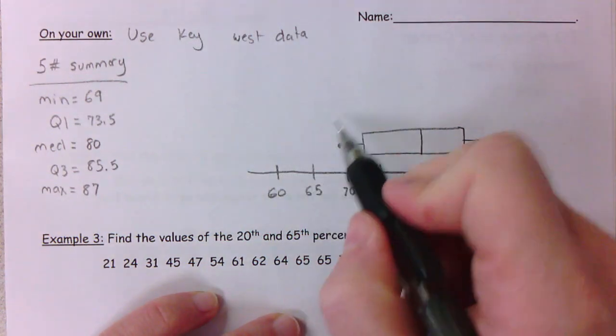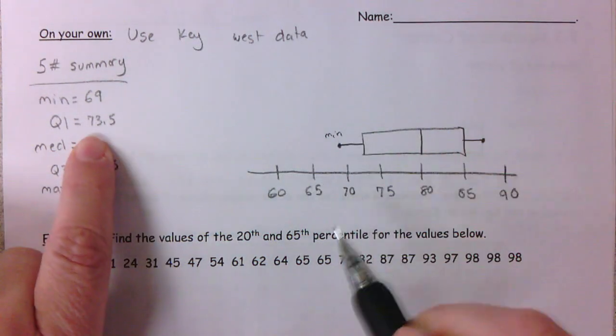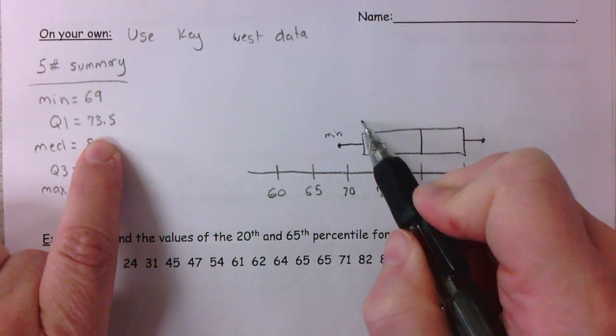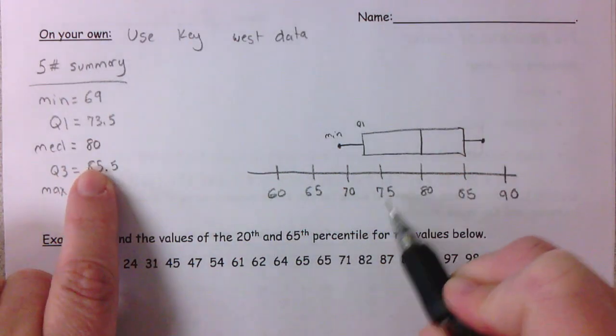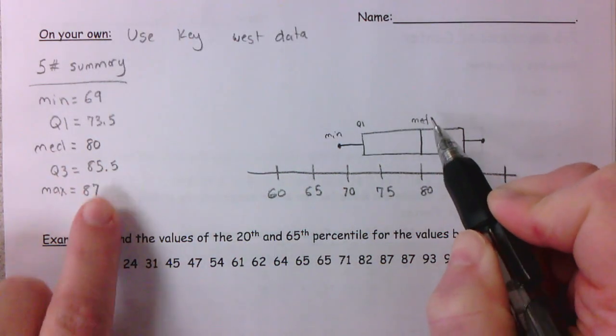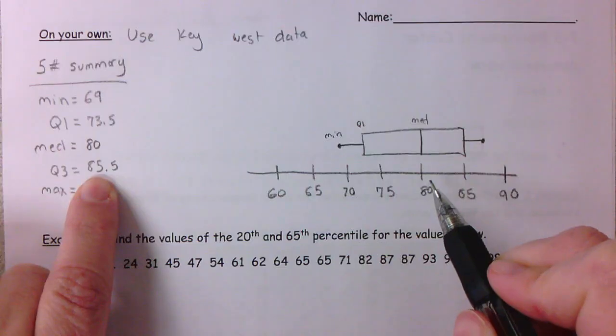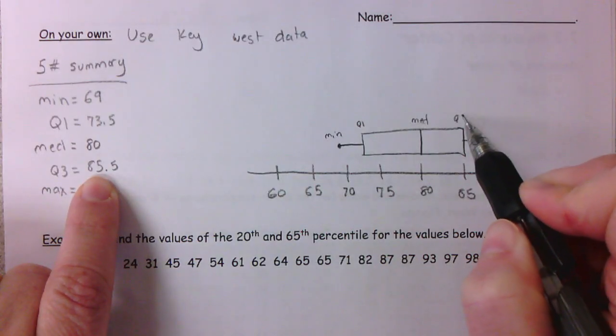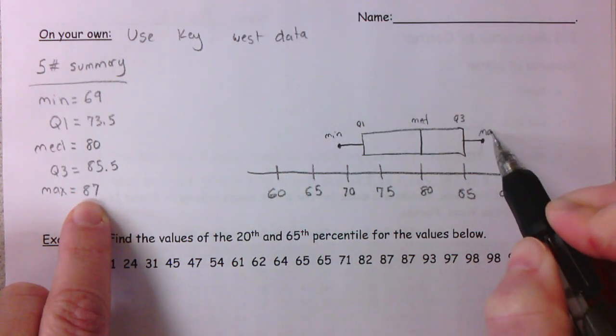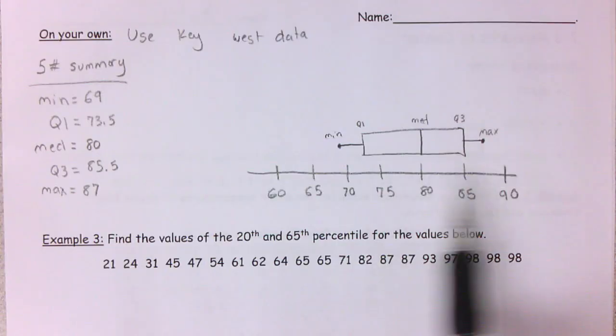All right, so our min is 69, Q1 is 73.5, the median is 80, we already had that from before, Q3 is 85.5, and then the max is 87. Okay, and then this is kind of what your box and whisker plot should look like.